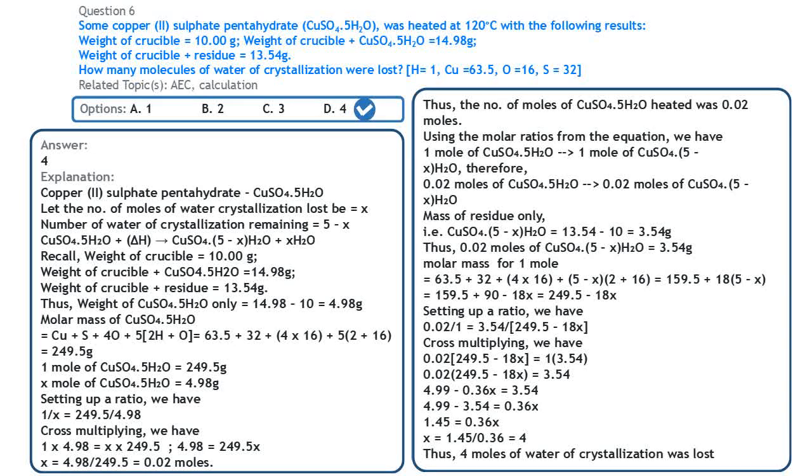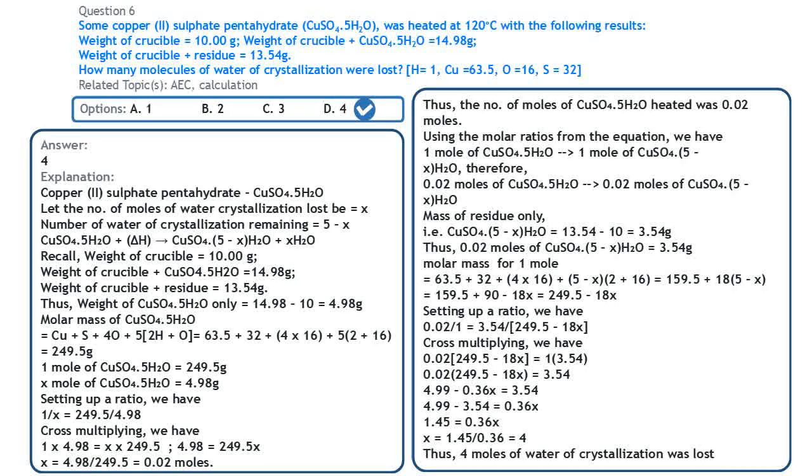Now let's find the molar mass of A. That will be the sum of the atomic masses of the atoms that we have here. So you have copper plus sulfur plus 4 of oxygen plus 5 of H2O. So you have copper, that's 63.5, plus 32, plus 4 times the atomic mass of oxygen, which is 16, plus 5 times the atomic mass of water, H2O.